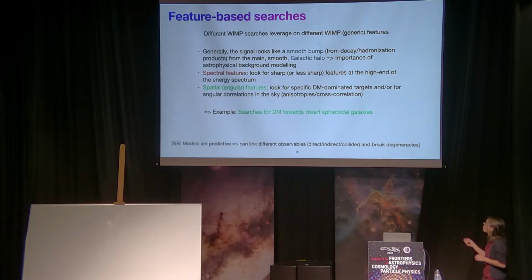Depending on the target of interest, so the target defines the spatial distribution of your signal, you can do different types of searches, which can be more or less model independent.